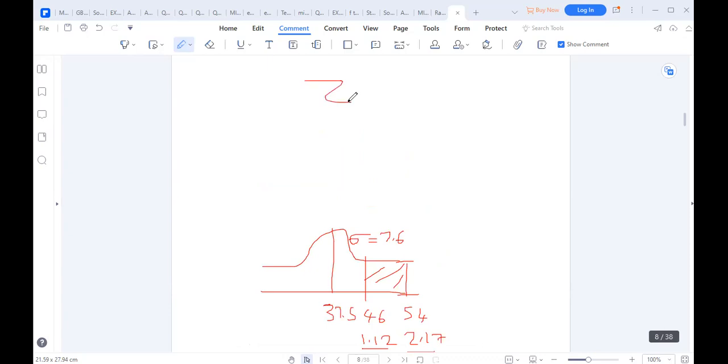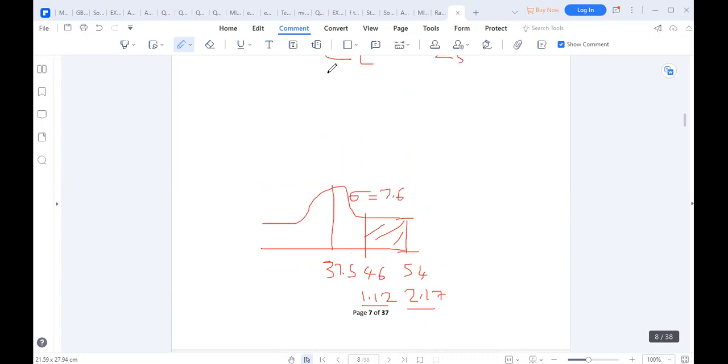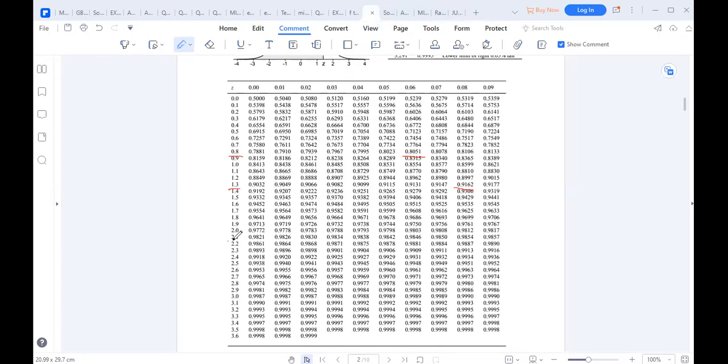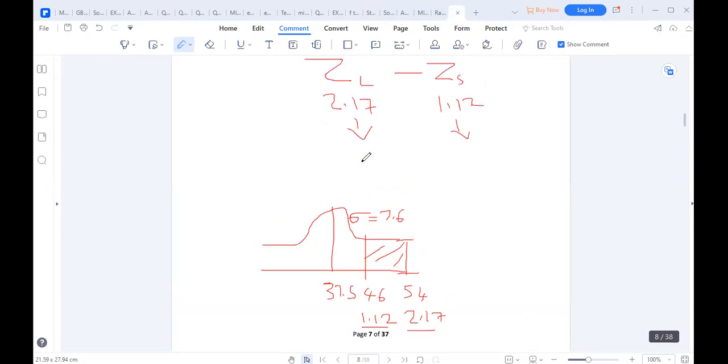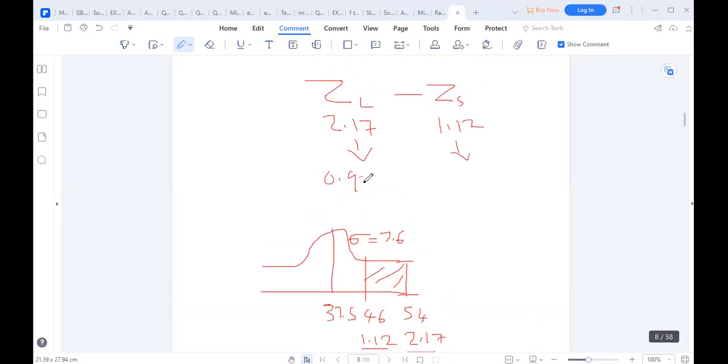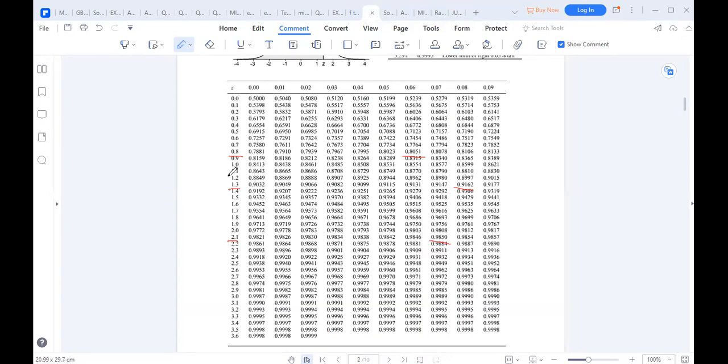So if they're on one side, you subtract the larger Z minus the smaller Z. Our larger figure is 2.17, and our smaller figure is 1.12. So you subtract their probabilities. Here, 2.17: 2.1 under 7, the reading is 0.9850. For 1.12: 1.1 under 2, 0.8686.